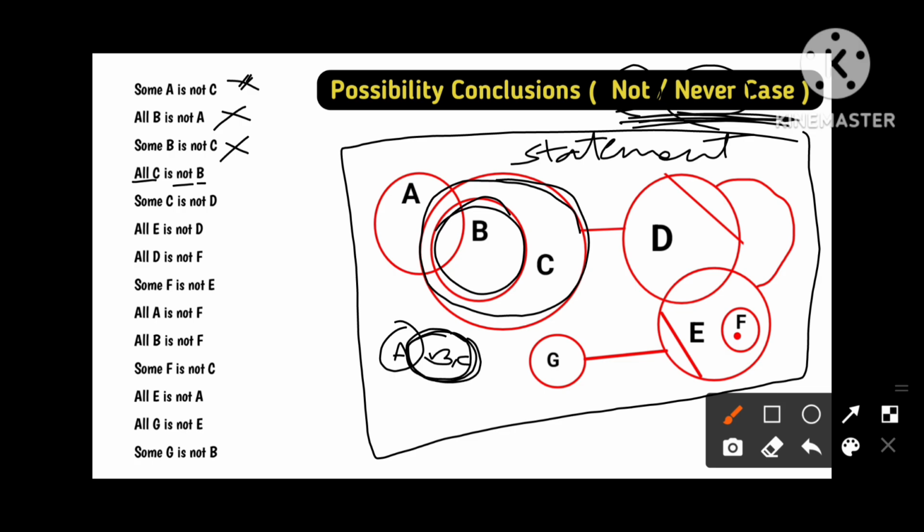Then you can say that all C is inside B, all B is inside C. So we can draw a possible diagram like this. So all case is satisfying, and all case satisfying means not case will be fails.